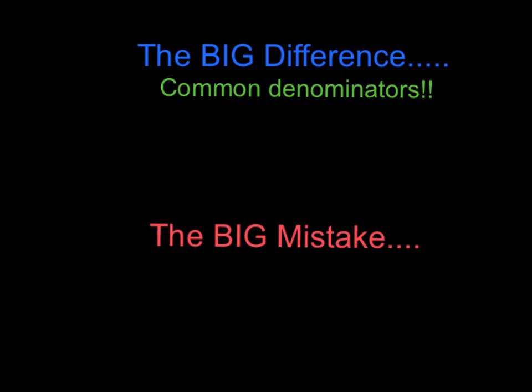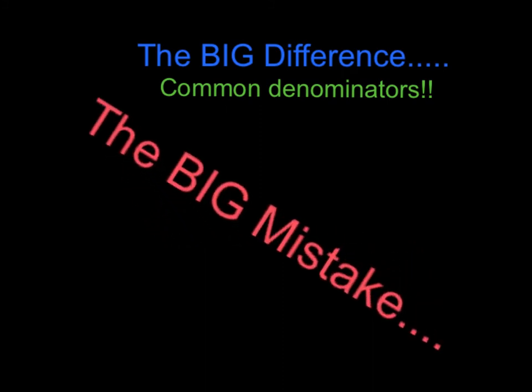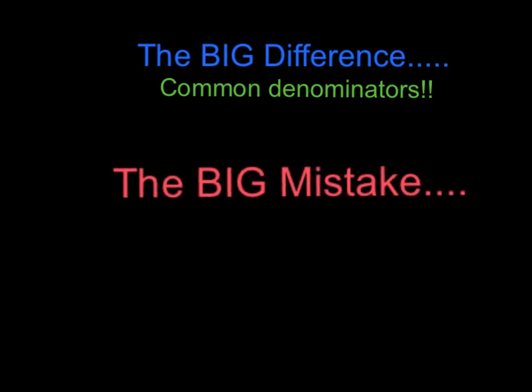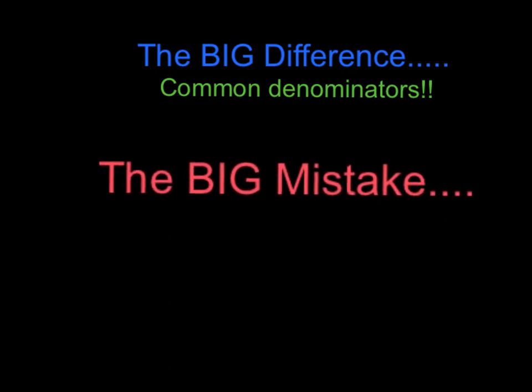And then the last thing that I want to leave you with is the common big mistake when people multiply and divide fractions. And I'm going to give you an example. When people multiply and divide mixed numbers, this is a very common mistake.